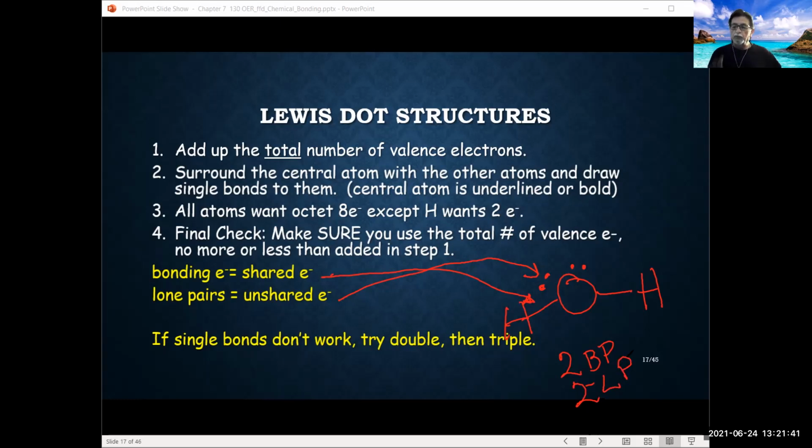Again, we only care about the central atom. So this structure of water has 2 bonded pairs and 2 lone pairs. Remember, pair means 2 electrons. So if you count the number of electrons around oxygen, we have 8.